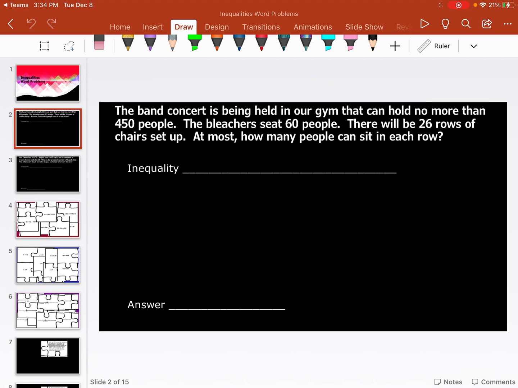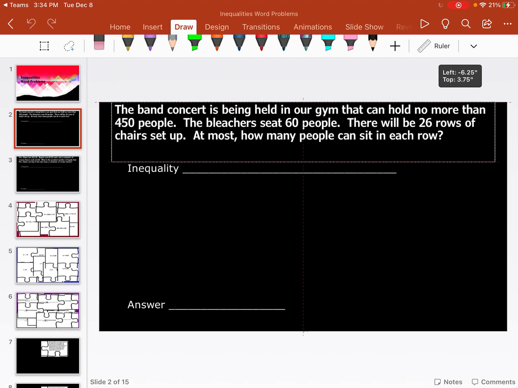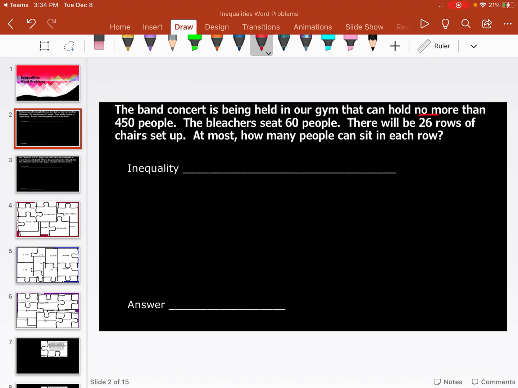So that phrase, can hold no more than, tells us that we are going to be using the less than or equal to sign, because we don't want it to go over that number, and that number is 450.